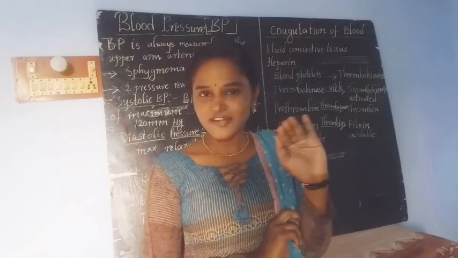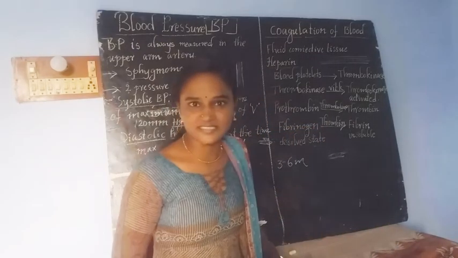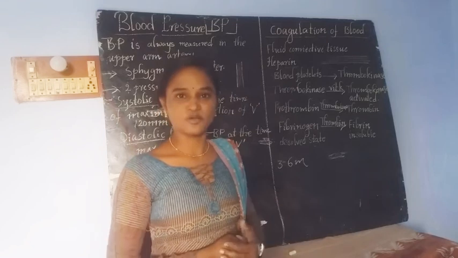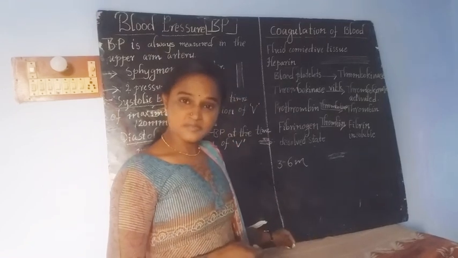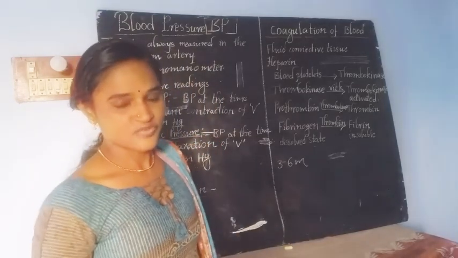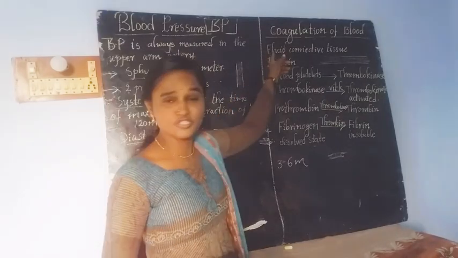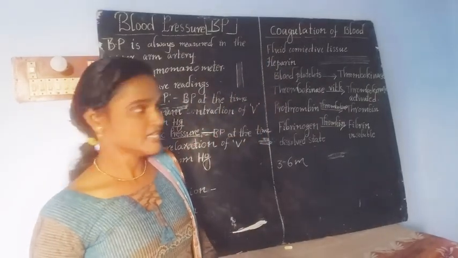Blood should not clot inside our blood vessels. If it is not happening like that, what will happen? Sometimes that situation leads to the death of the person. That's why it is very important to know the mechanism of blood clotting or coagulation of blood.